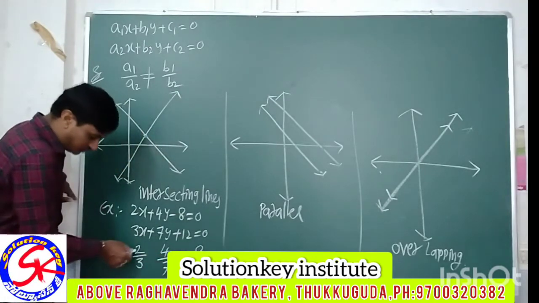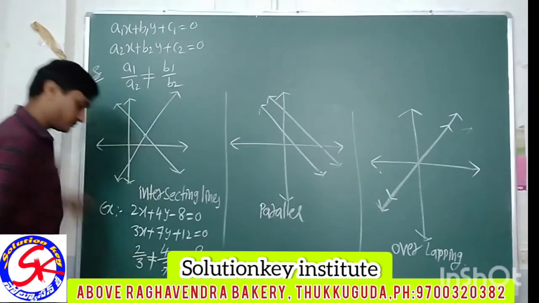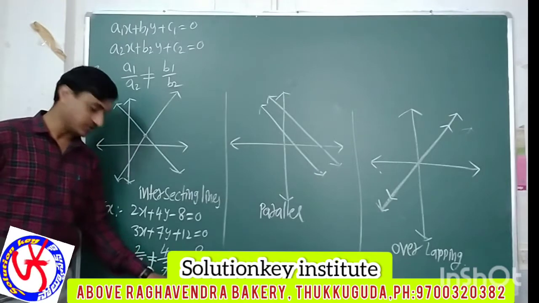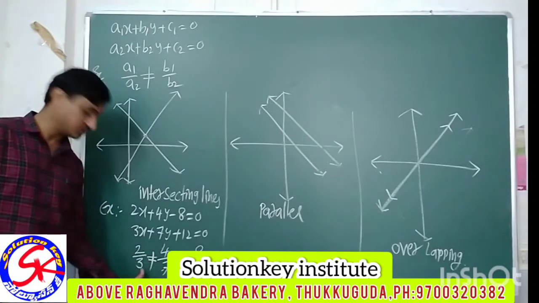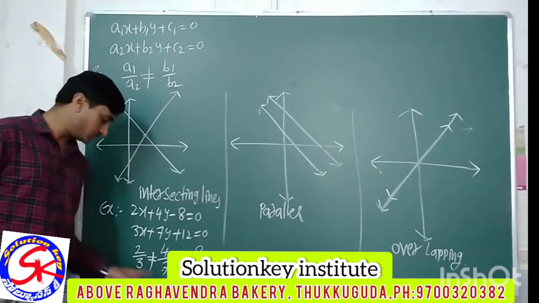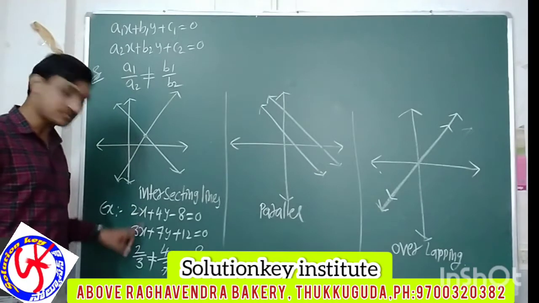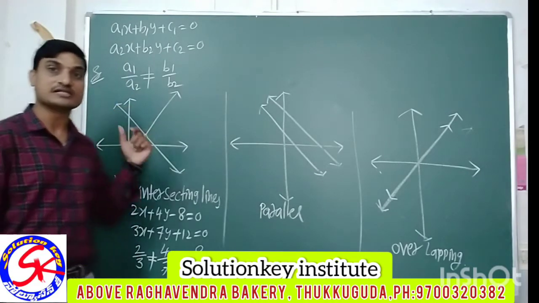Is 2 by 3 equal to 4 by 7? No, not equal. No need to go for the third one. Just check these two only. These two are not equal, so these two lines give intersecting lines. This is the condition for intersecting lines.